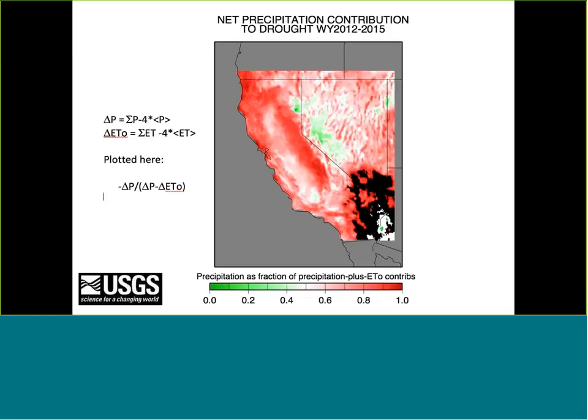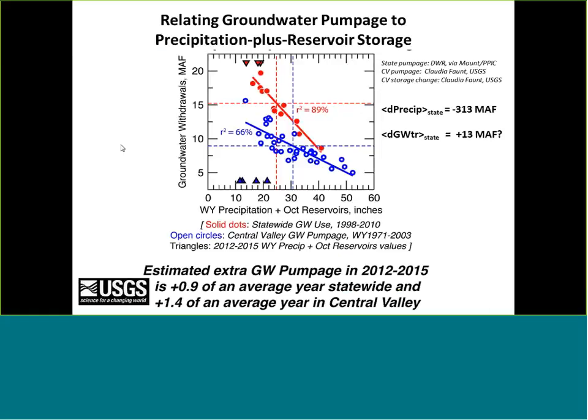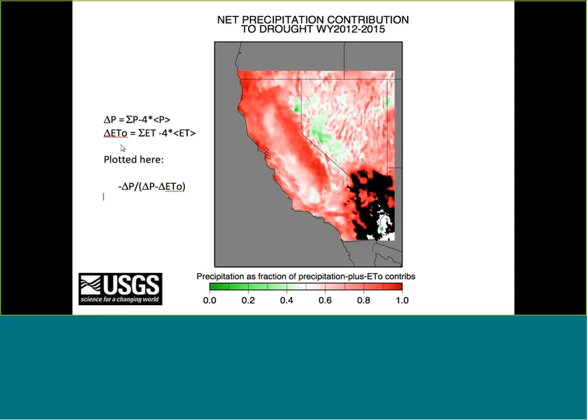To me, this was a surprise. I frankly figured that what I would be looking at when I mapped this out would be red everywhere, so it would all be a precipitation deficit. But when you look at the Central Valley, you can see the Salinas Valley over there, south of Monterey, that sort of stuff.